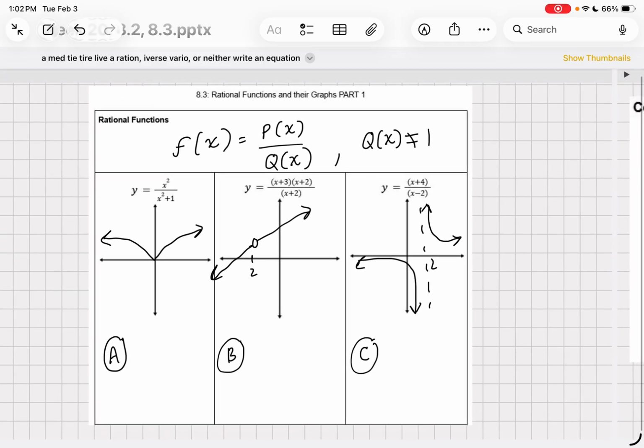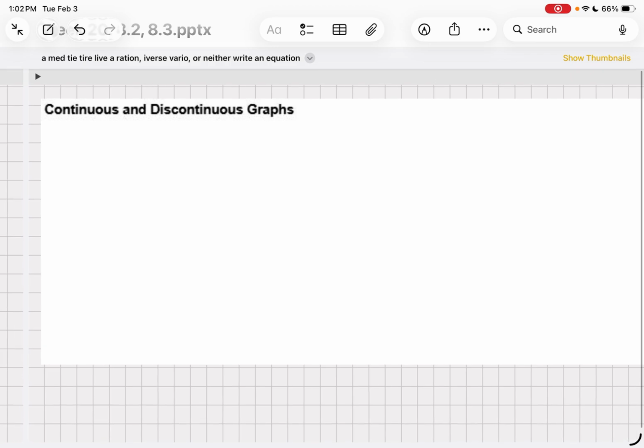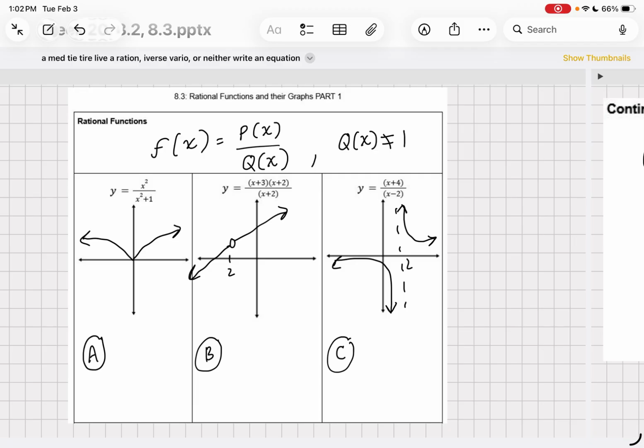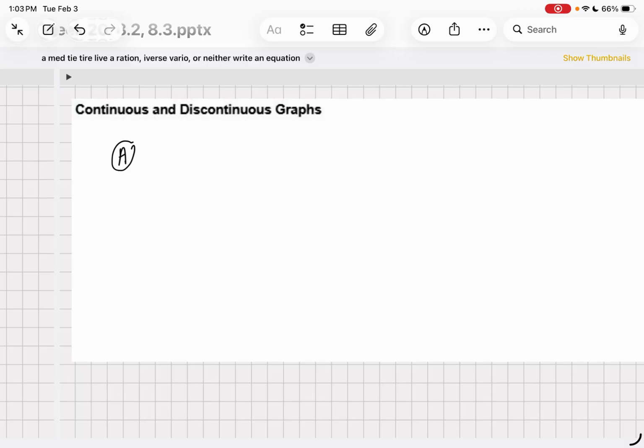All those are rational functions because they have that format where we have 2 different parts being divided, both have an x. These 3 types of graphs can fall into one of 2 categories, continuous or discontinuous. Graph A is called a continuous graph because there are no jumps, asymptotes, or holes.